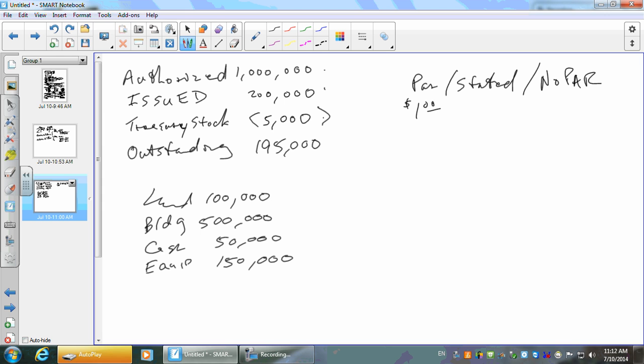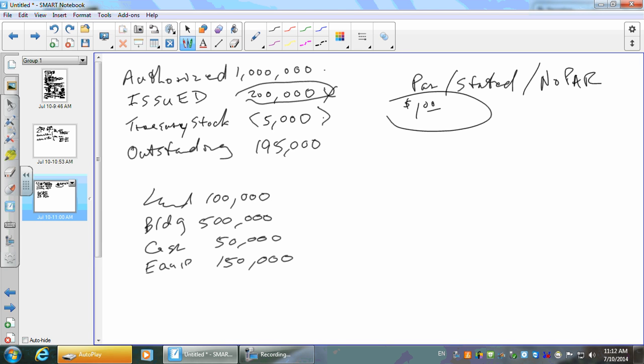And you exchange that for 200,000 shares. Let's say that's the original issue. I'm issuing 200,000 shares, and our par or stated value, whichever state you're in, is $1.